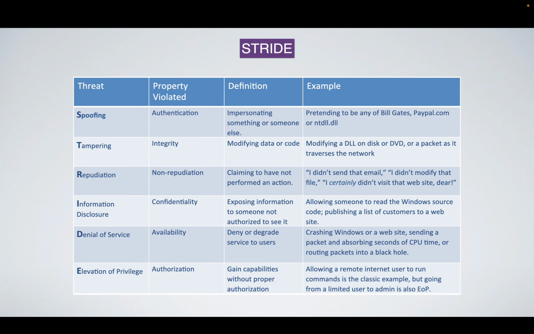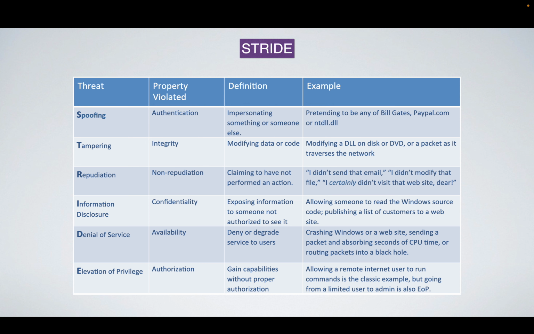You want availability, so you want to stop denial of service. You want authorization, you want to stop elevation of privilege. Some people say escalation, some people say elevation. I always say escalation, but for the sake of this course, they're exactly the same. So you can see CIA are there, they're just in the second column, not the first.